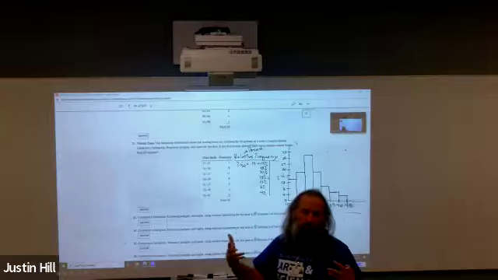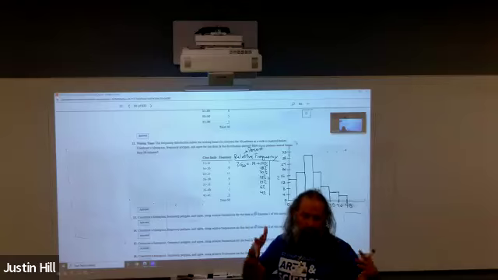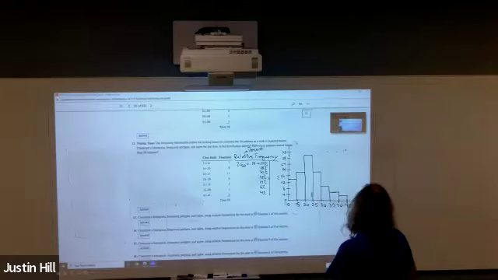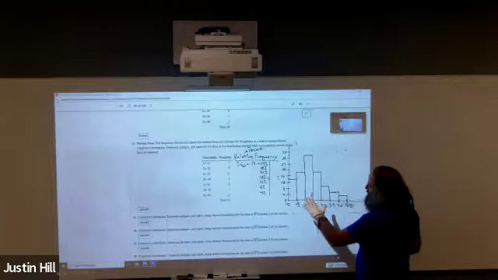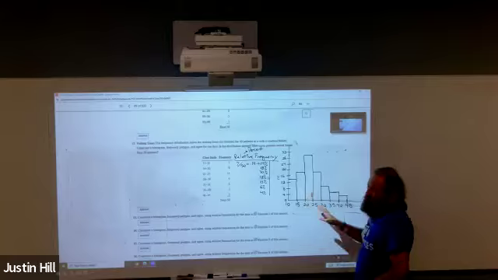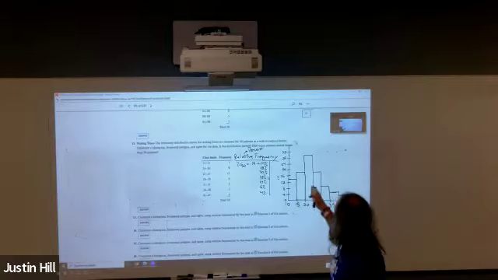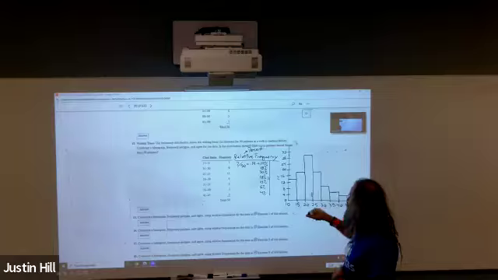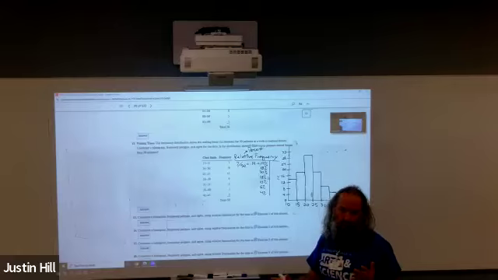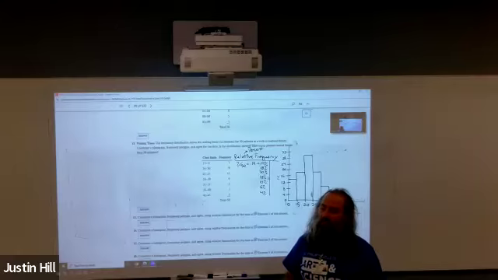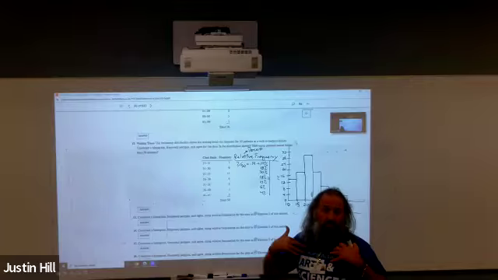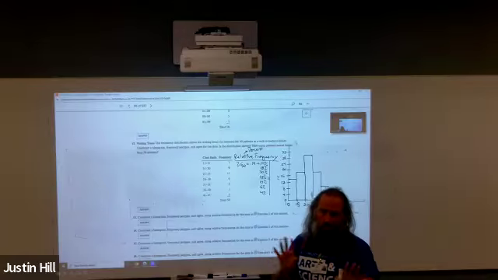Because it's real world data, you're allowed to have some discrepancies. So you could make an argument that this is still kind of bell shaped. It's high in the middle, it goes down to the left and the right. It's not exactly symmetric, but it's close. So statistically, you can make an argument either way.